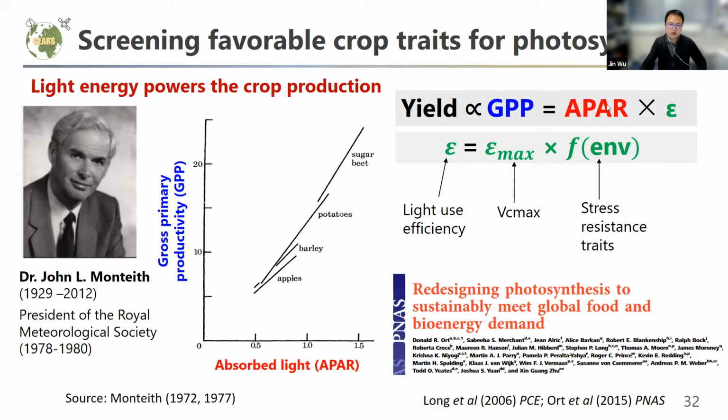But a lot of studies nowadays show that it is not very efficient to improve APAR, because once a crop has more than 3 layers of leaf, APAR is already saturated. That means there is not much room to improve APAR. Alternatively, that suggests we can prioritize engineering the light use efficiency trait, for example Vmax, and potentially also stress resistance traits.